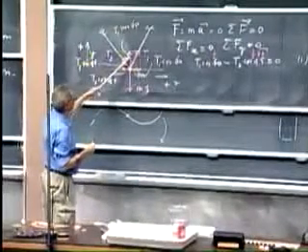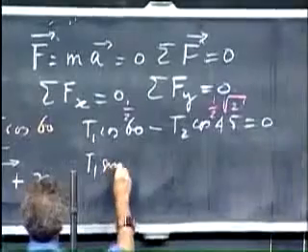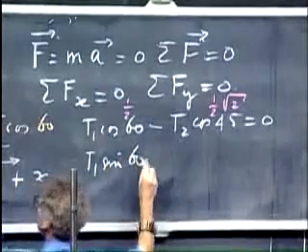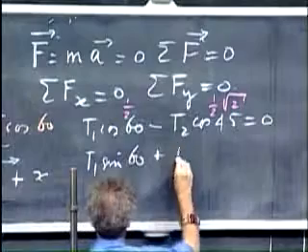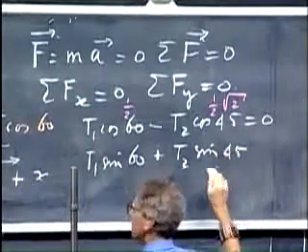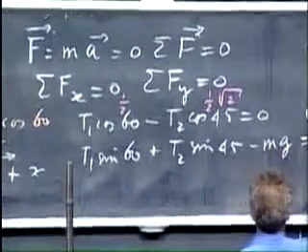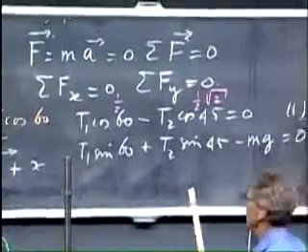So we get one component here, which is T1 times the sine of 60 degrees, plus T2 times the sine of 45 degrees minus mg, which is in the opposite direction, must be 0. That's my second equation.